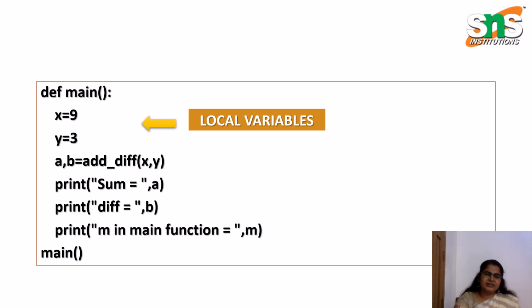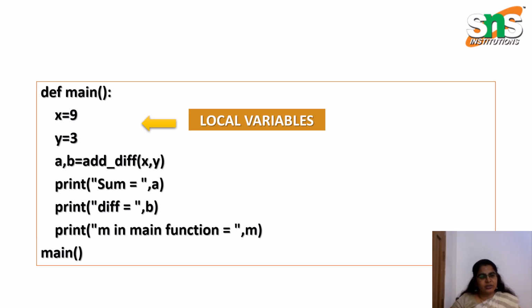So the next thing is a local variable. Here I am going to define how the local variables are accessed in the program. Now I am going to define a function named main and declare two variables, x and y, with values x equal to 9 and y equal to 3.